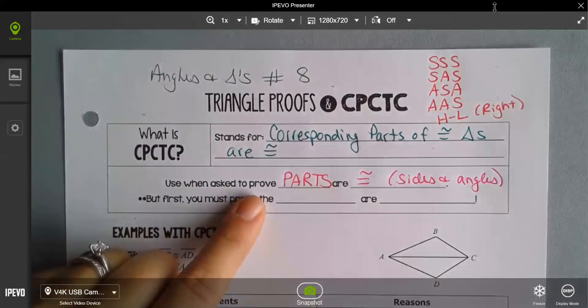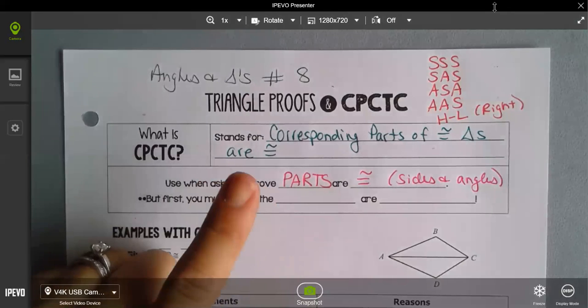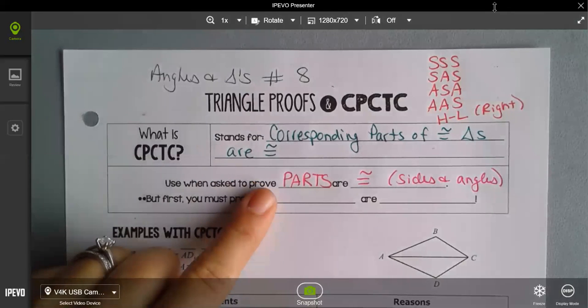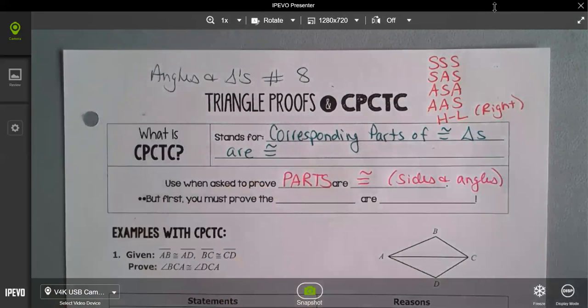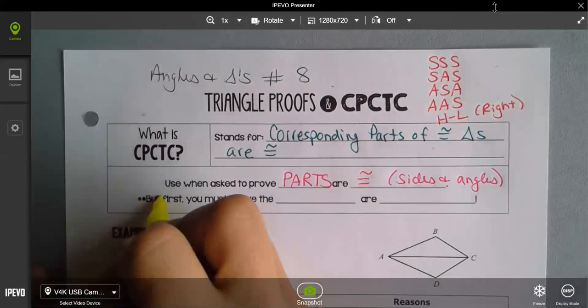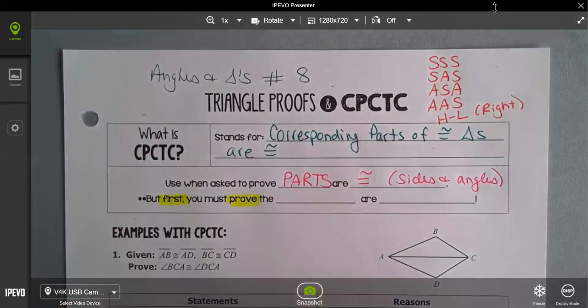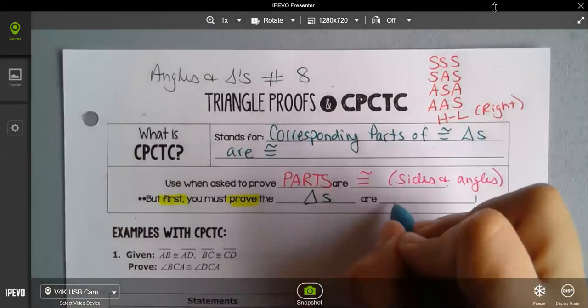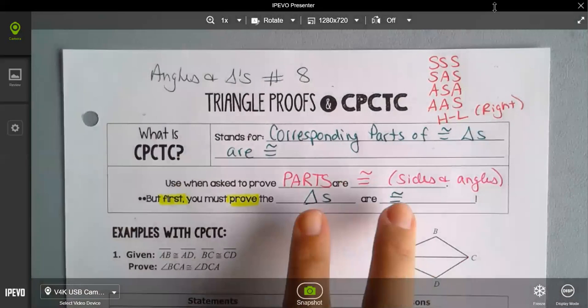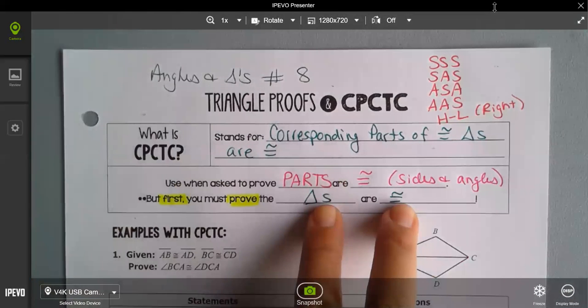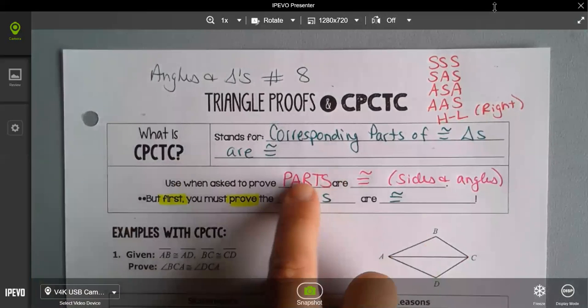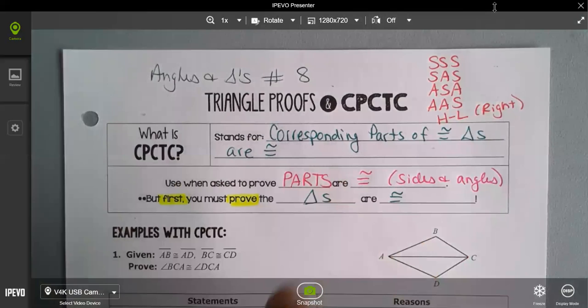When we are asked to prove that parts are congruent, you must first prove that the triangles are congruent. So you have to establish congruent triangles first before you say that the parts are congruent.